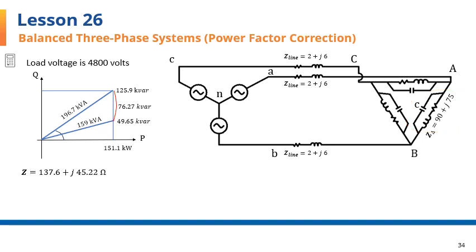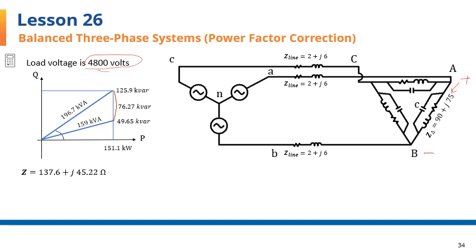Note that because we have the line-to-line load voltage as 4800, that's given, we can divide it by Z to find IAB. The line-to-line load voltage was given at 4800. That is to be maintained after the installation of the capacitors. So we have the same voltage, 4800.